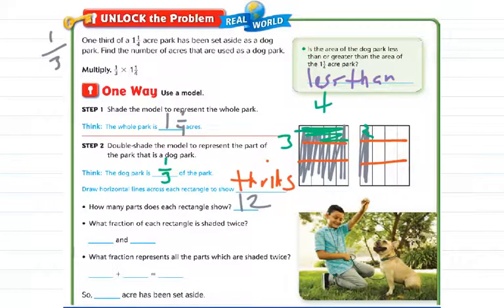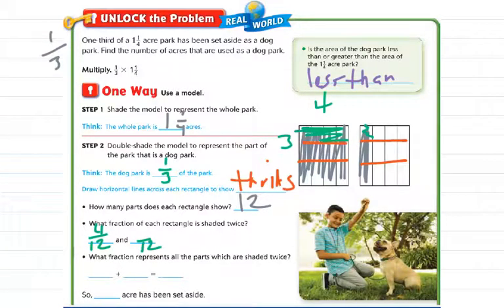So next it says, what fraction represents all parts which are shaded twice? So what we can see is in this first whole, we have 4 parts shaded twice, and we know that there are 12 parts in this whole. Over here in this whole, we still have 12 parts.